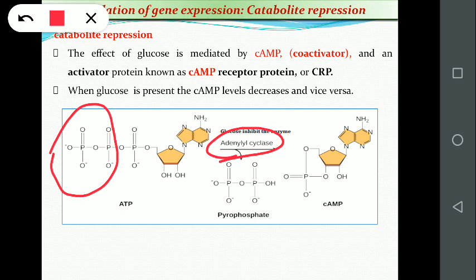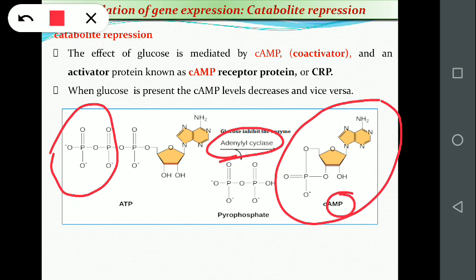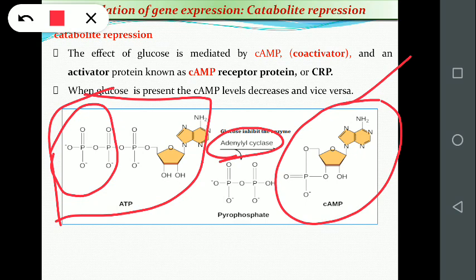Now there is a specific enzyme known as adenylyl cyclase. This is not an ATPase, this is adenylyl cyclase. This adenylyl cyclase synthesizes cyclic AMP. This is normal AMP, but the phosphate is cyclized, so cyclic AMP is synthesized from ATP. In many cases you may have already come across the functioning of cyclic AMP.